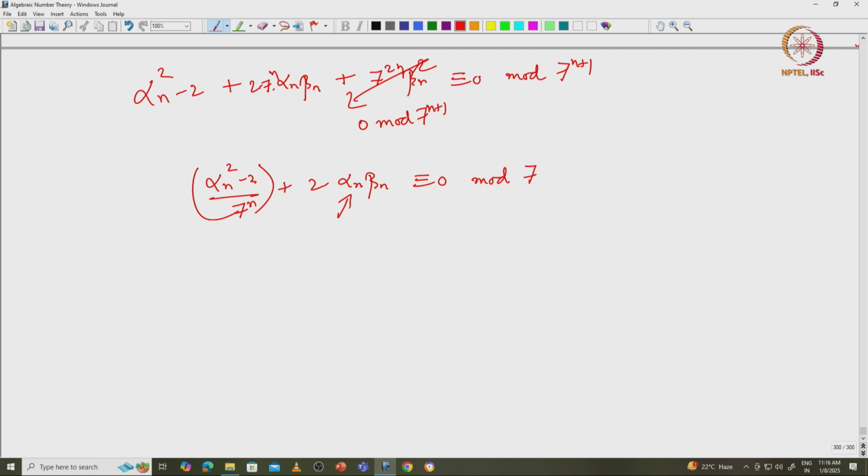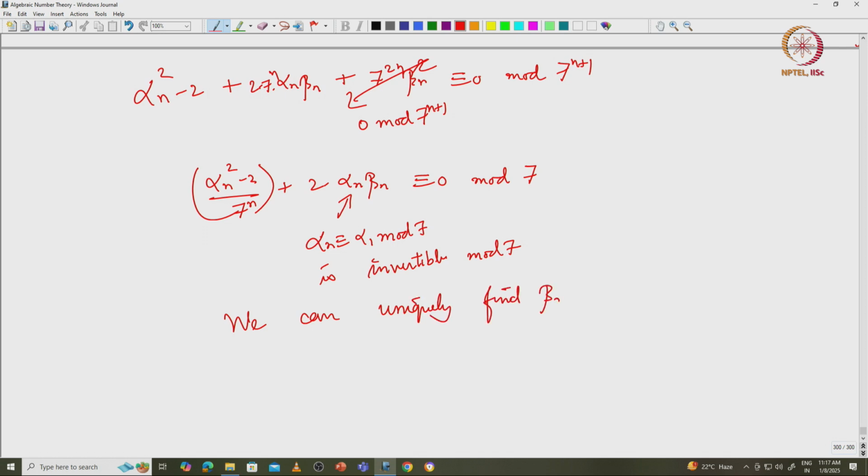All I care about is that alpha n is congruent to alpha 1 mod 7, which is invertible mod 7, and so we can uniquely find beta n.